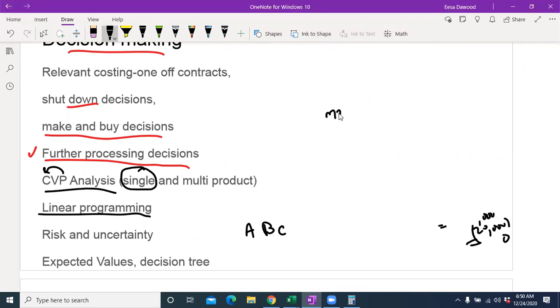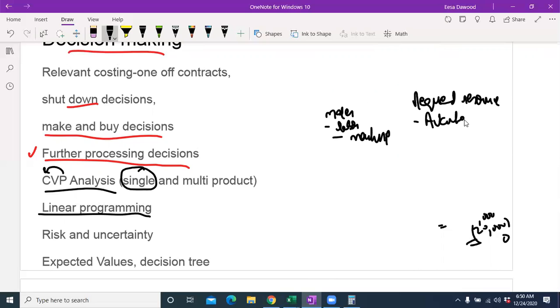It could be a shortage of material, a shortage of labor, limited machine hours, or any limiting factor. Okay, so when a company is facing a limiting factor, it is a case when the available resource is less than the required resource.